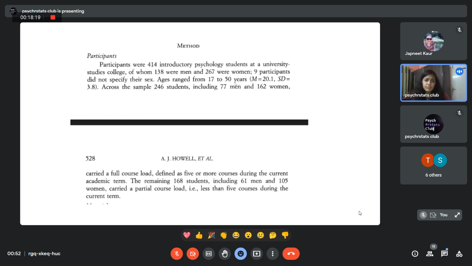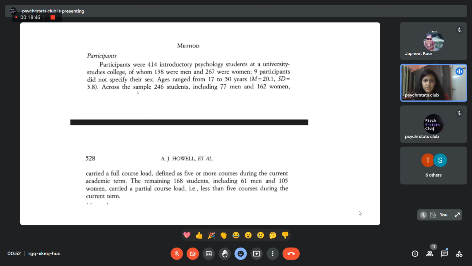That would be the range for ages. And they have reported the mean value for age, which is 20.1, and they have given the SD, that is 3.8, which means that on average, that is how much the age differed. It is a relatively average SD, like you usually see such SDs.